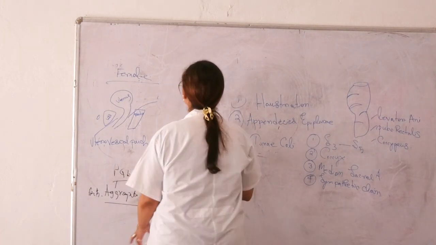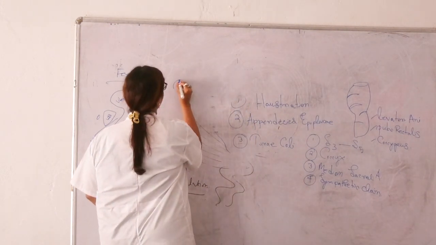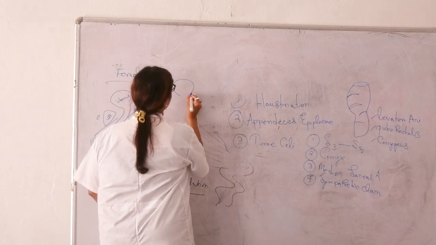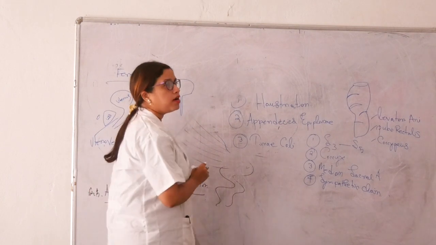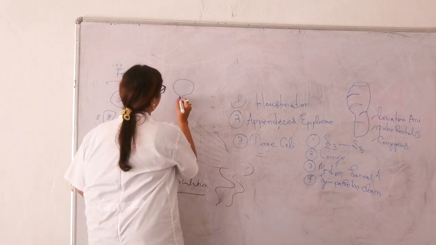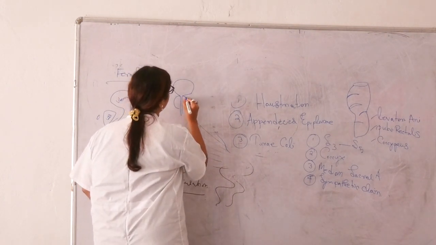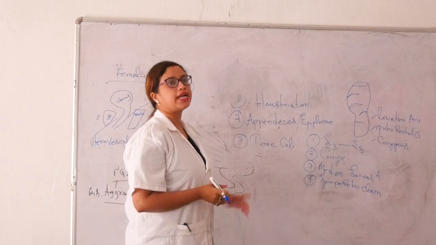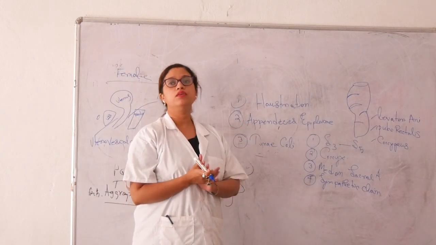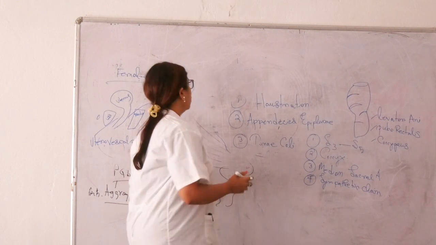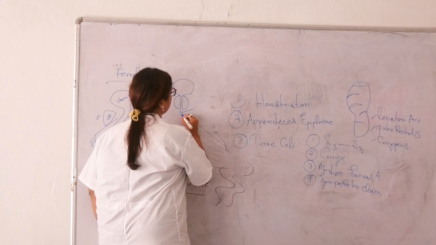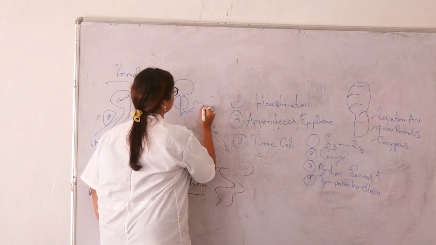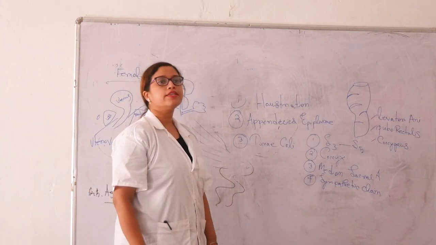In case of male, from the top is the urinary bladder. After the urinary bladder, the structure going down is called the urethra, right? Here there is a walnut-like structure, which is the prostate. From the prostate, another structure goes through, known as the vas deferens.